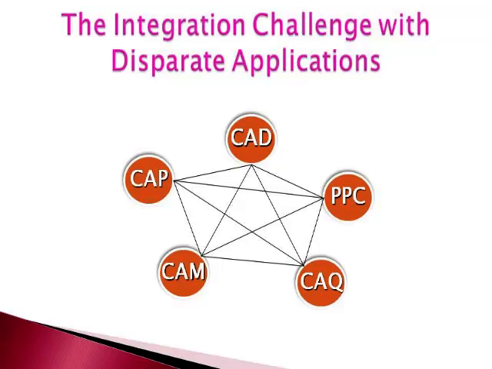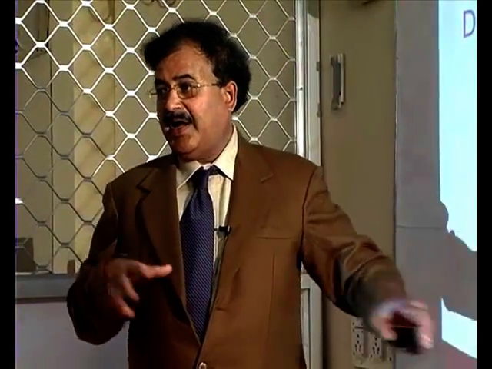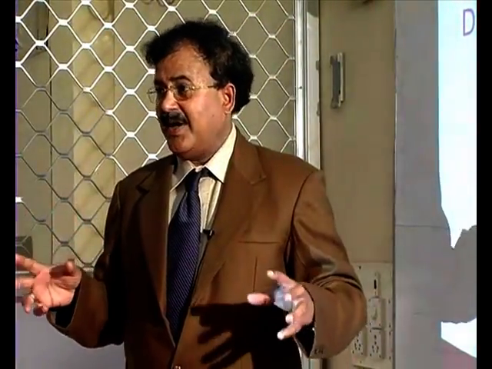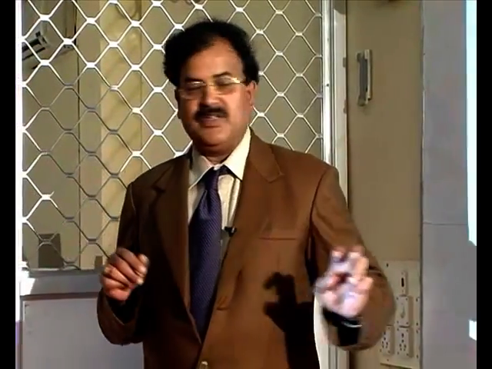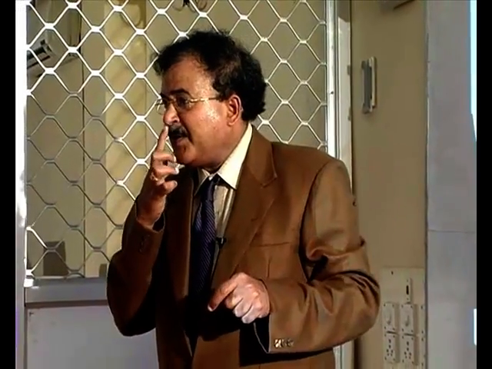Computer aided design, computer aided planning, computer aided quality control, production planning and control operations, your scheduling, etc. They're all important phases, important elements or functions of manufacturing. You know, this is computer, this is computer, this is computer. Suppose in my factory I have a CAD system, I have a CAM system, and these two are integrated, and I am using that. So this is one coupling.